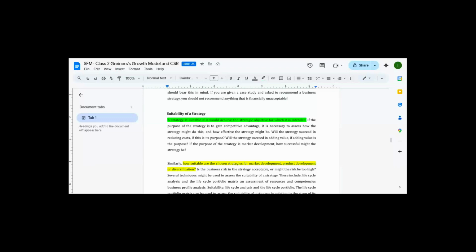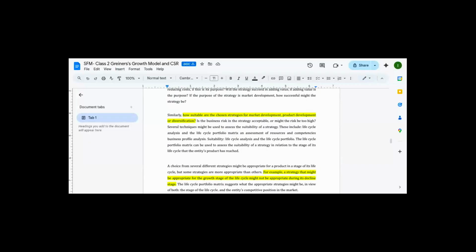The strategy might be implemented for survival. The strategy might be implemented to enhance sales. That is the strategic objective. So we must ensure that any strategy that we put in place must be a value-adding strategy. That strategy must help us to achieve whatever objectives of setting the strategy.